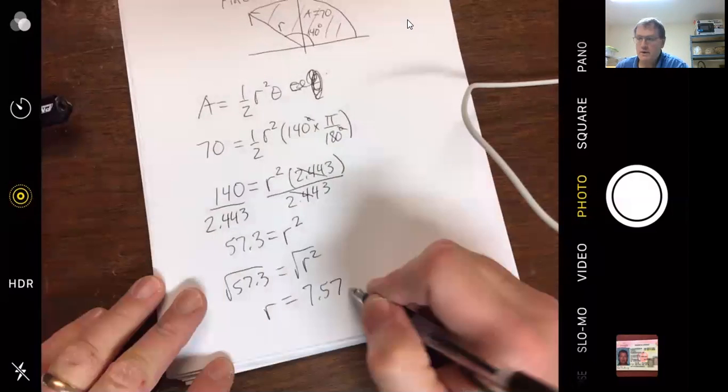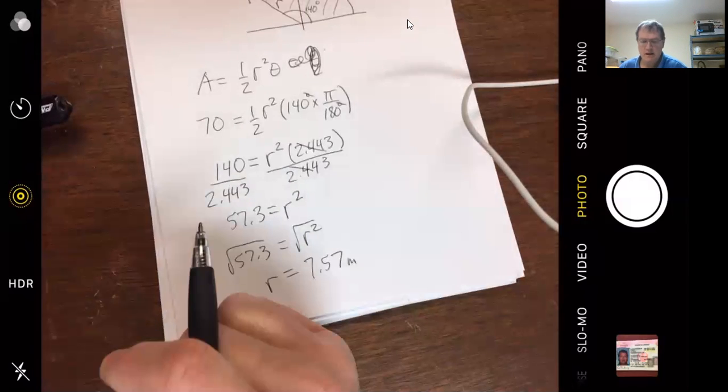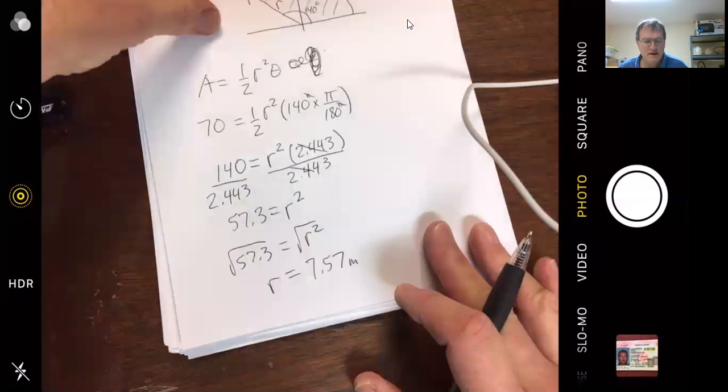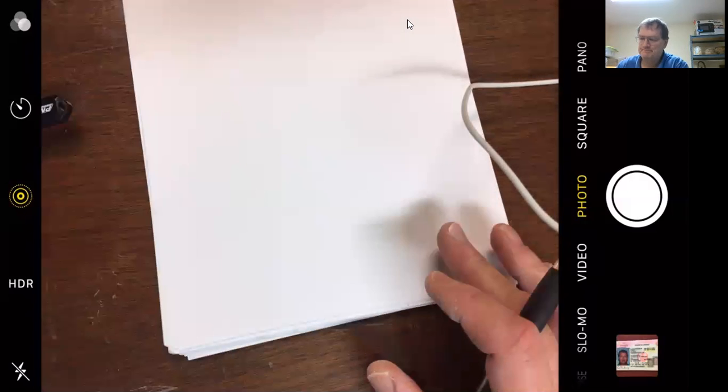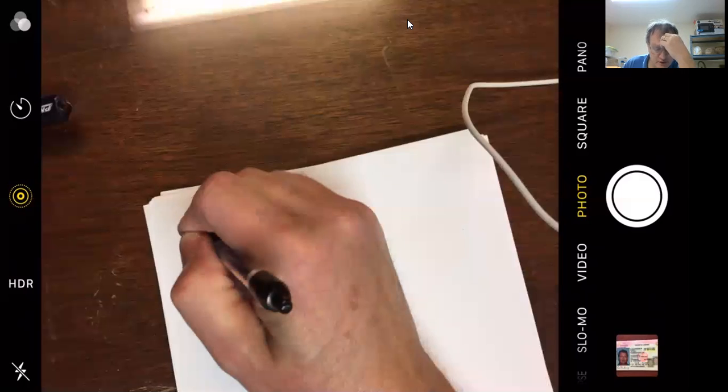All right, why don't we start with 5.2 then. Find your exact values of trig ratios. Why don't we try something like number 7?